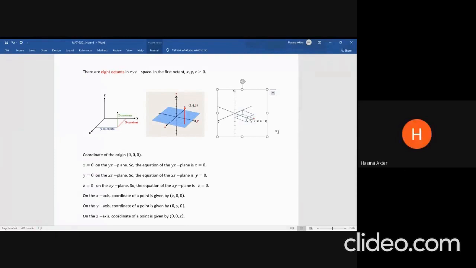Doesn't matter at which location on the XY plane the ball is. For every location, if the point is just on the XY plane, then Z is 0. That means I can denote the equation of the XY plane by Z equals 0, because that's the common thing for each and every point. Do you understand that?